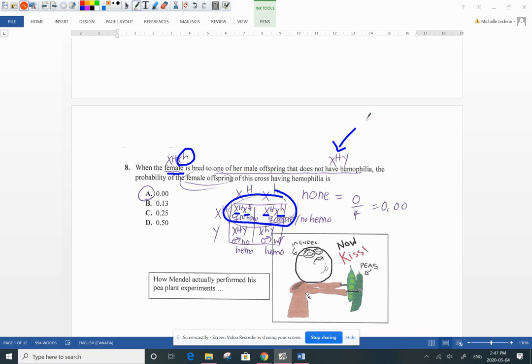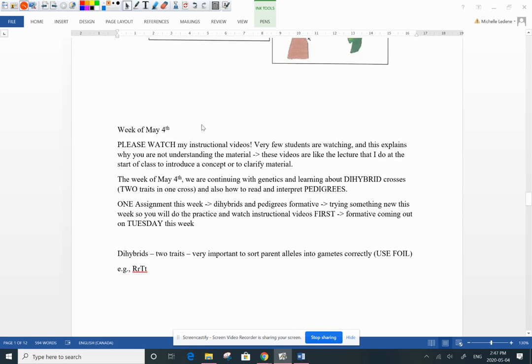They would need an X little h from their dad, and it says right here, he does not have hemophilia, so he is the normal. So there is no way that her female puppies are going to have hemophilia. Zero chance. Okay, so zero can be an answer. Don't be freaked out that you get zero for an answer in genetics. Okay, and again, just a reminder, careful reading.